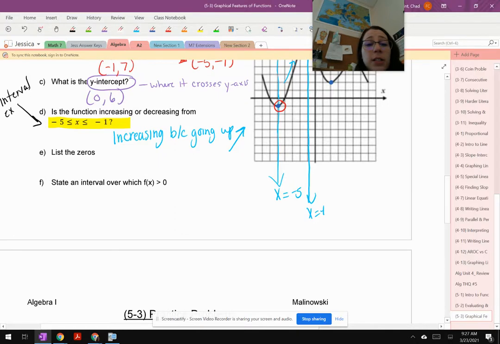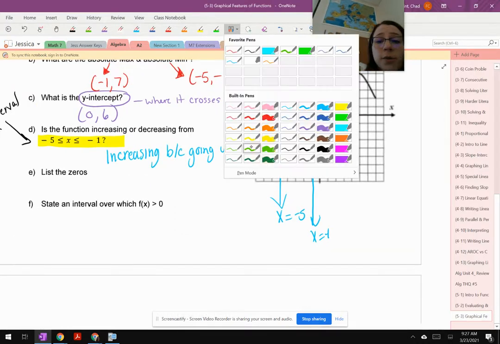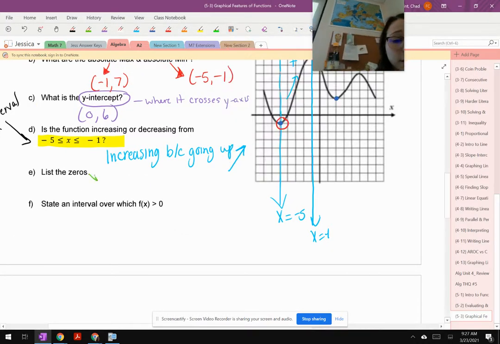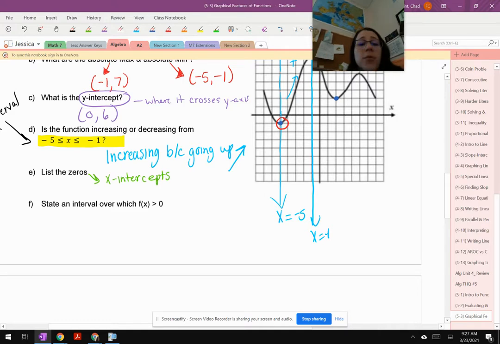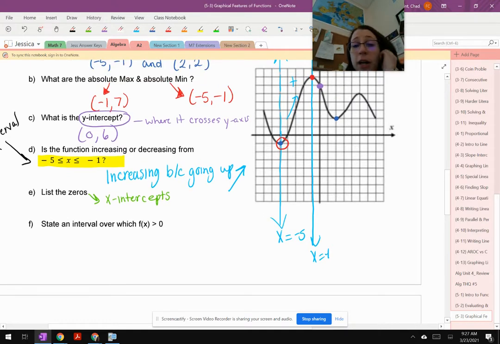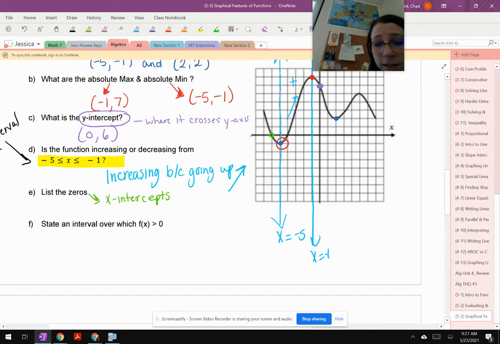Okay, part E wants me to list the zeros. Remember from our newly learned notes that zeros are just another name for x-intercepts. And remember here, we can have more than one. So x-intercepts, anywhere this graph crosses the x-axis, which is right there and right there in 2 spots.